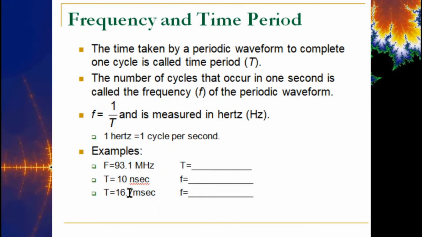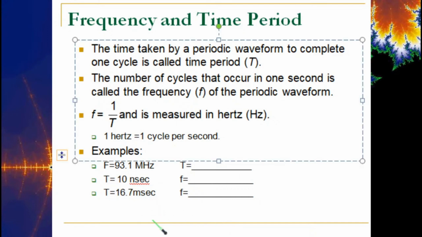And here, for this last one, I want you to use 16.667. Okay, because it's actually 6 repeating, but I want you to use a couple more decimals past here, so that I can force you to get the right frequency. All right, so go ahead and do these real quick with your calculator.